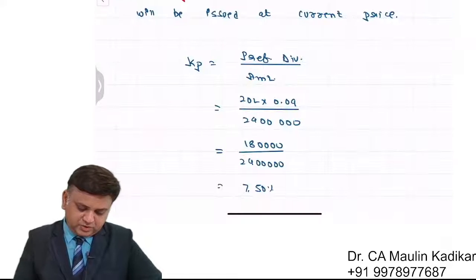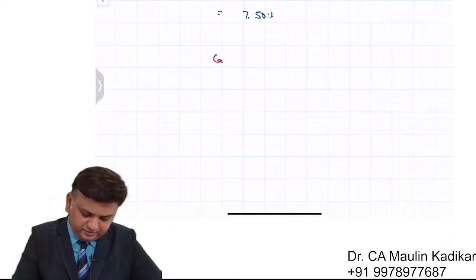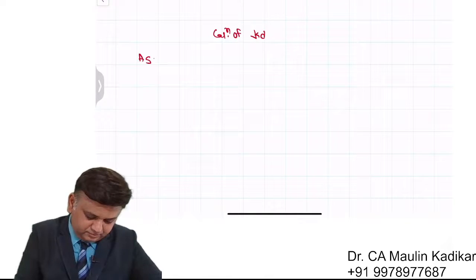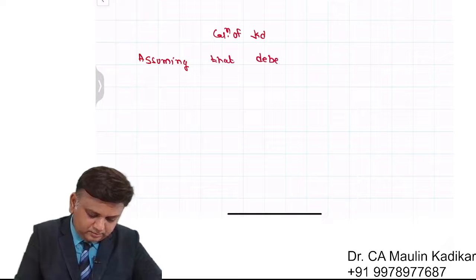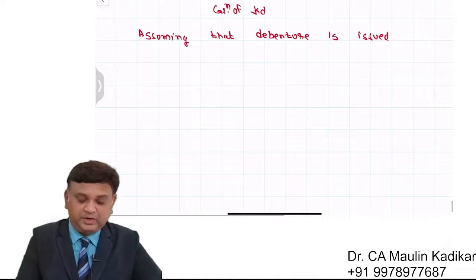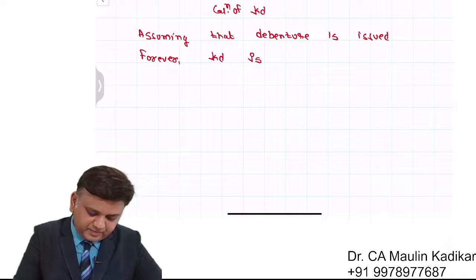So write down the heading: calculation of KD. In that write down: assuming that debenture is issued forever, KD is found.